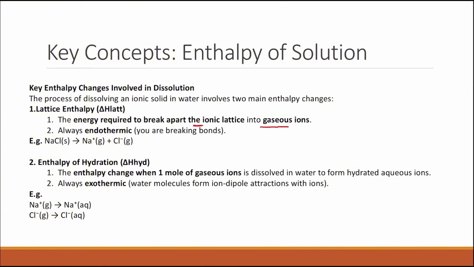This is the opposite of the lattice formation, and it's going to be endothermic. We would need to supply energy to break the lattice bonds and form the gaseous ions. So sodium chloride solid will give you sodium ion gas and chloride ion gas.